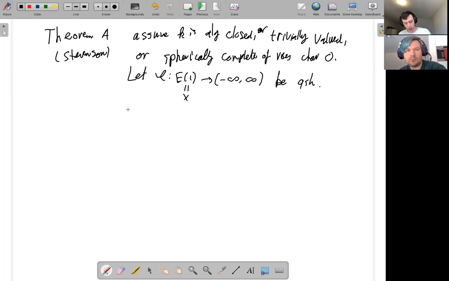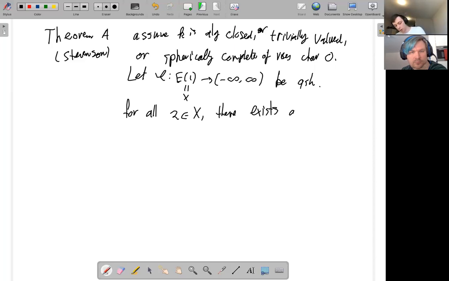Okay, then the claim is, for all Z in X, there exists a non-zero polynomial. So not just any function, but really a polynomial.